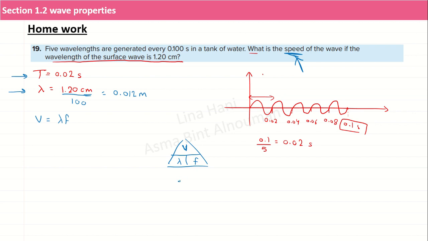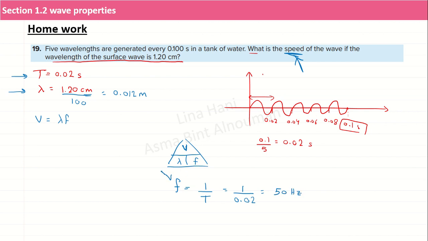I know an equation that will enable me to find the frequency from the period. The frequency is equal to the reciprocal of the period, which equals 1 over the period as given in the knowns, 0.02. So the frequency is 50 hertz.